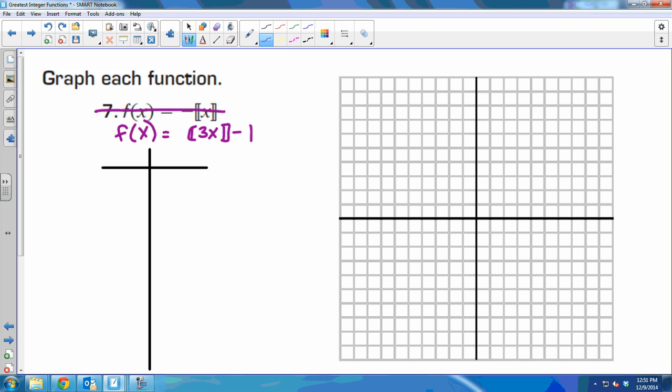Now, are those two brackets side by side? Yeah, it's like a weird bracket thing. I don't know what to call it. So we're going to make our table, and I'm going to use similar values like I did last time. Not the exact same ones, but I'm going to use decimal values in between.